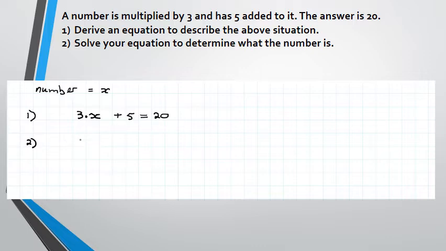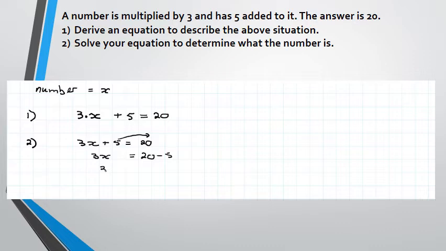So if I now have 3x plus the 5 equal to 20, then I'm going to take the 5 across, and I'm going to end up with 20 minus the 5, and on the left I'm going to be left with 3x.